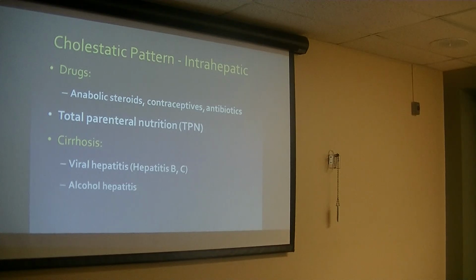So more on the cholestatic pattern. What else can cause intrahepatic occlusion of bile ducts or compromised bile ducts? Anabolic steroids, certain contraceptives, antibiotics like Zosyn, for example, can cause a cholestatic picture.